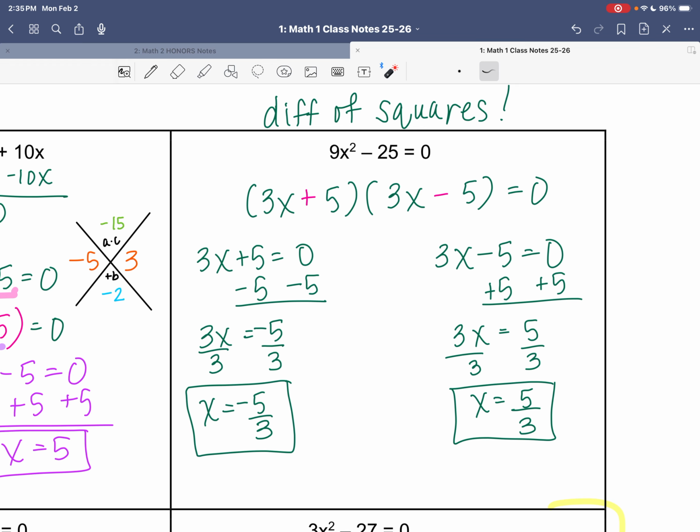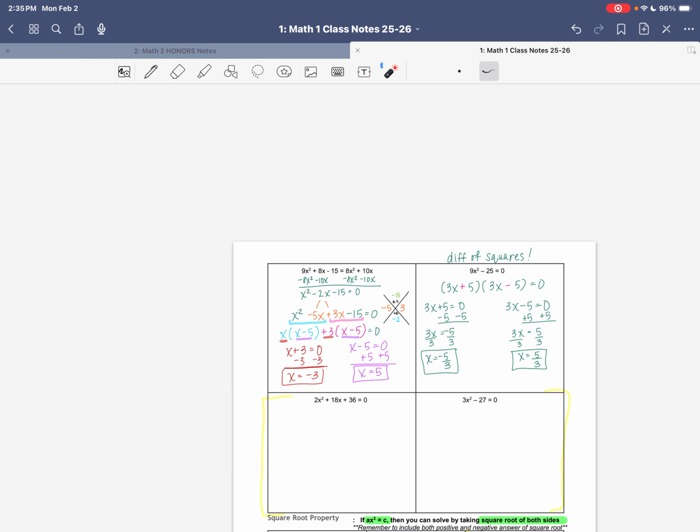So what we do is we take this, we make 3x, we take this, the square root, which is 5, and then since it's the difference of squares, we make one sign plus, the other negative or minus, and equal it to 0. So set this equal to 0, and you'll get x equals negative 5/3, excuse me, and then set this equal to 0. Solve for x, and you'll get x equals positive 5/3.